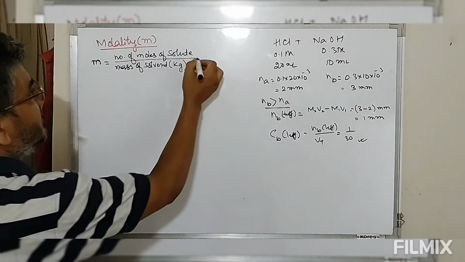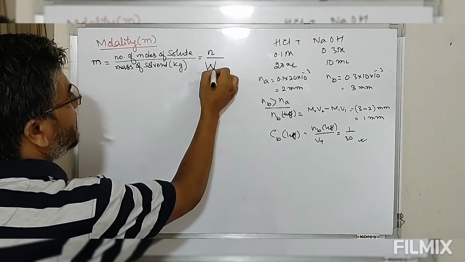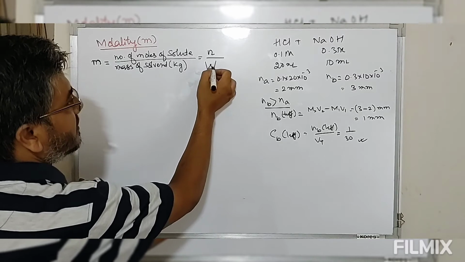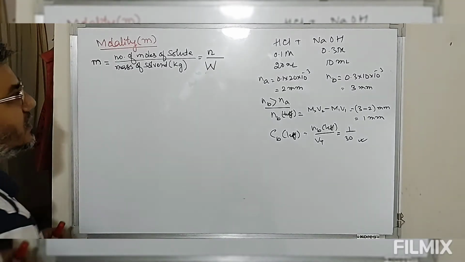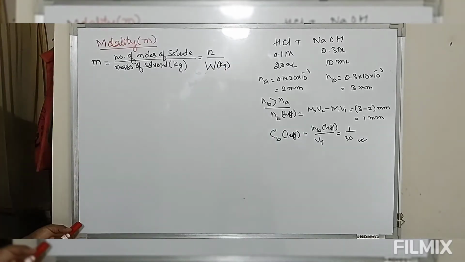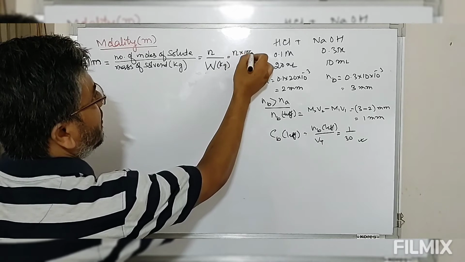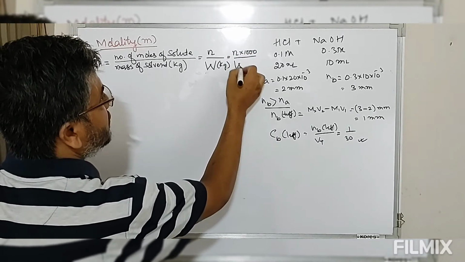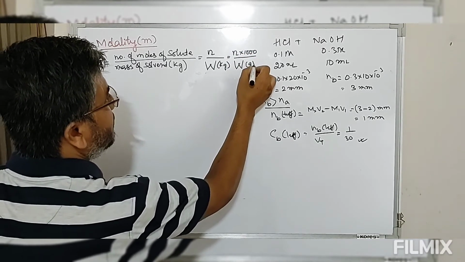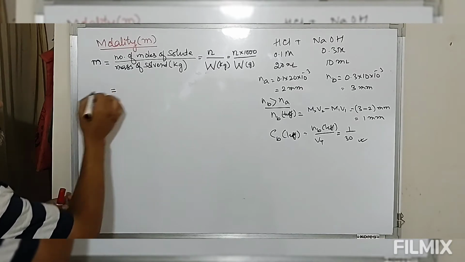So now look at this. Let the number of moles of solute be n, and W be the mass of solvent expressed in kilograms. If this is not expressed in kilograms, then we can write the number of moles into 1000 divided by the mass of solvent, expressed in grams. Now this number of moles can also be defined in terms of mass by molar mass.